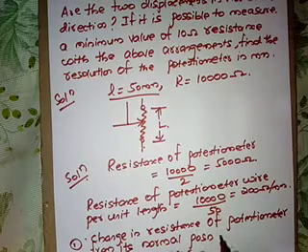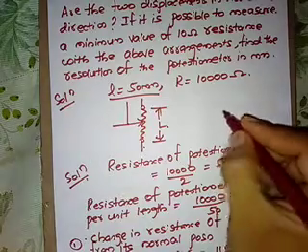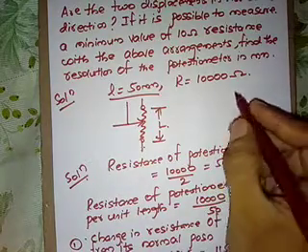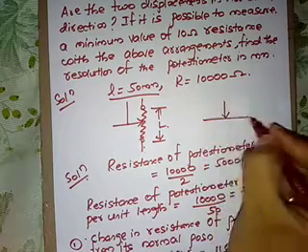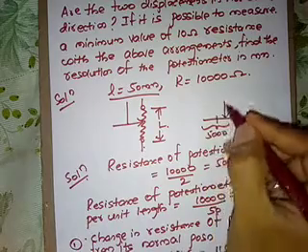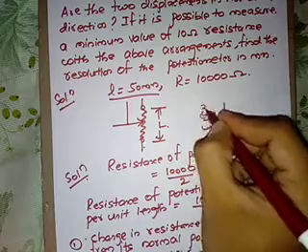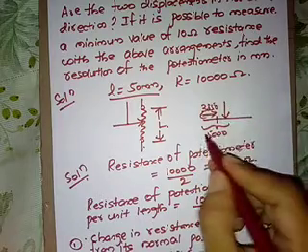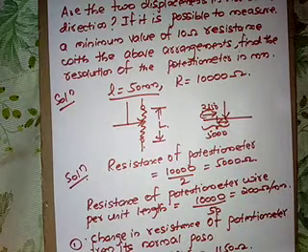So the change in resistance is 1150 ohms. For example, here is the slider, this is the center position, say 5000 ohms. Now we are here, that is 3850. This minus this gives the 1150 ohms.